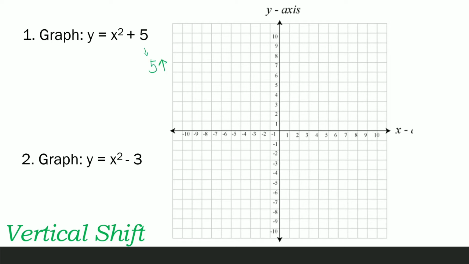So, ibig sabihin, dati yung y equals x squared na nasa origin, 5 units up. So, that will be 1, 2, 3, 4, 5. Nandiyan na yung vertex ng parabola, y equals x squared plus 5. Okay? So, nandun siya.